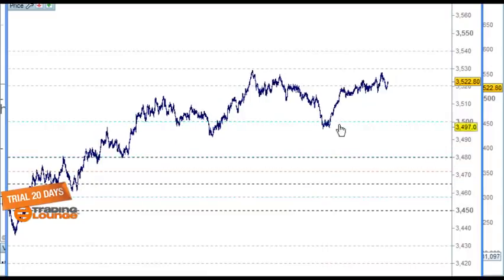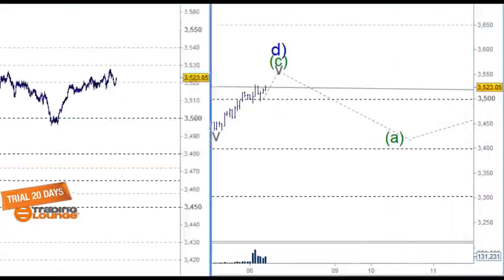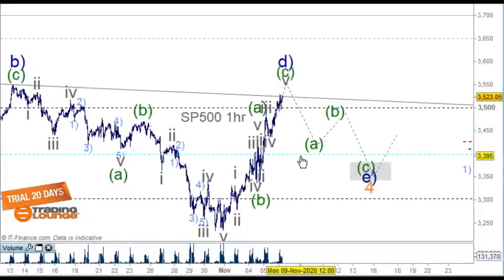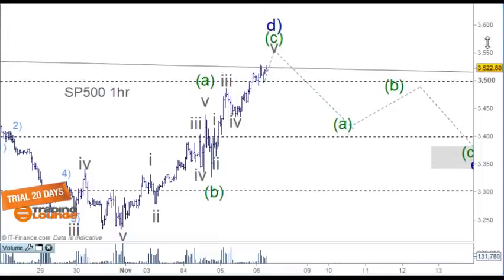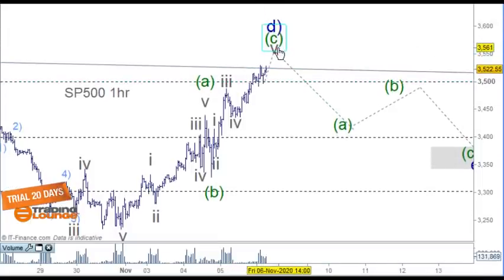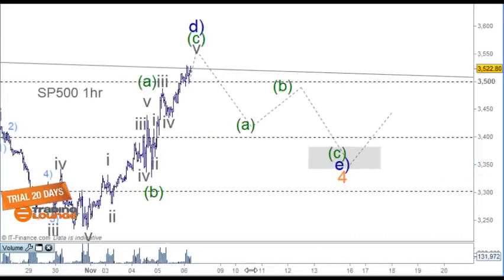It just needs to take this high out here, which in turn can get quite close to getting up into this high here. So we probably have to rule out this wave D here, but we still need to see another little move up here first. So I can't totally rule it out at this point.